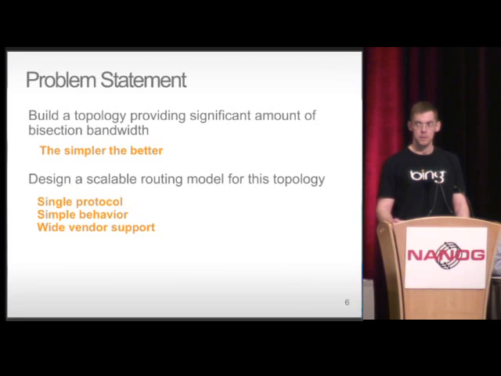So the challenge was twofold. First, to find a topology which is simple enough but provides enough capacity from server to server, at the same time allowing us to keep the design very simple and uniform. And secondly, we had to pick a routing protocol that allows us to use a single solution for the data center everywhere, the protocol which has as simple behavior as possible, and the protocol which has very wide vendor support.